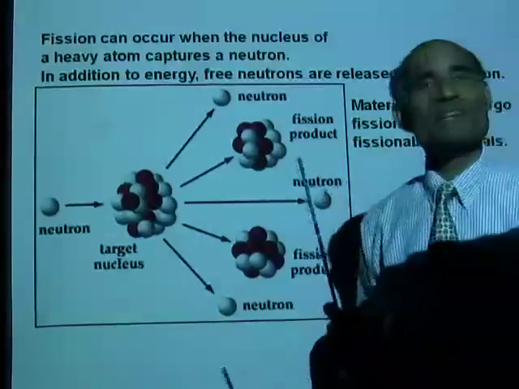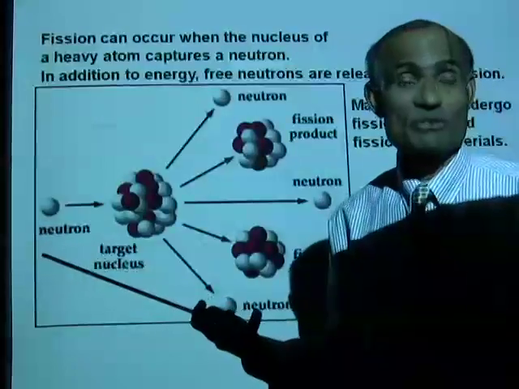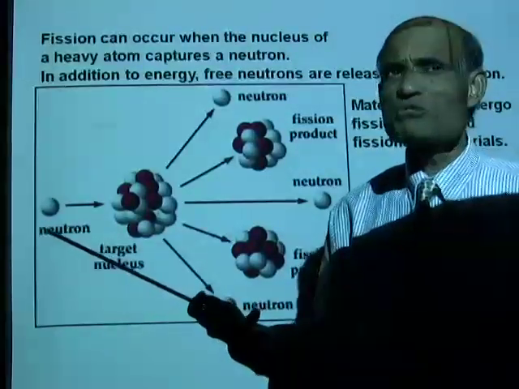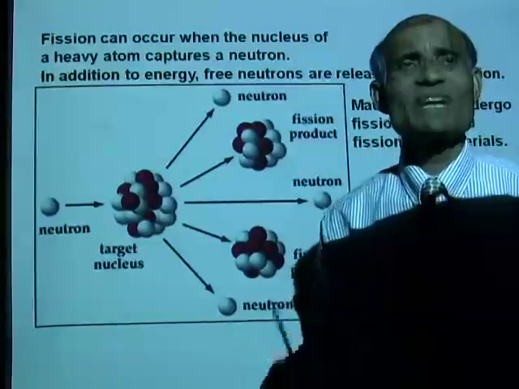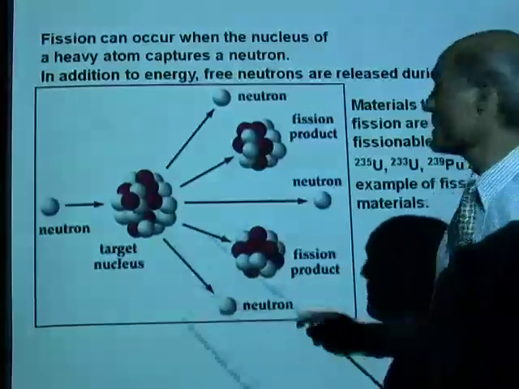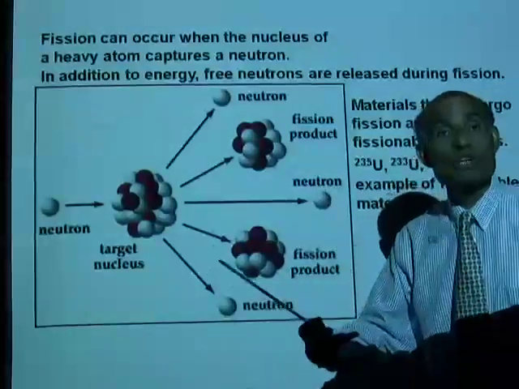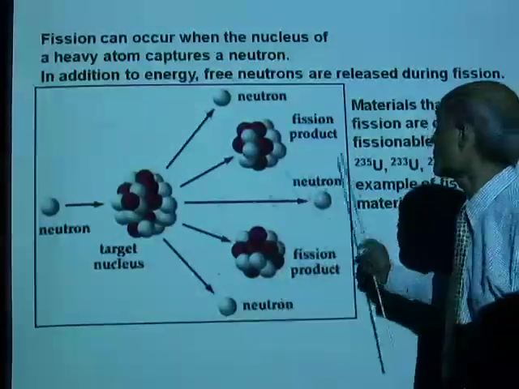Now, what are some of the fissionable materials that exist in nature? Well, there aren't very many fissionable materials that exist in nature. Some can be made. Uranium-235 is actually a naturally occurring isotope of uranium.